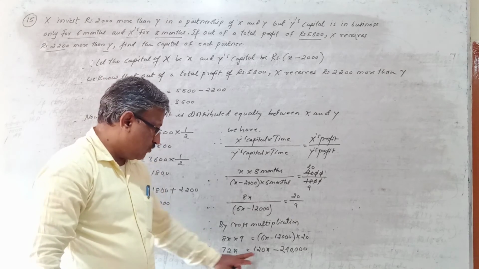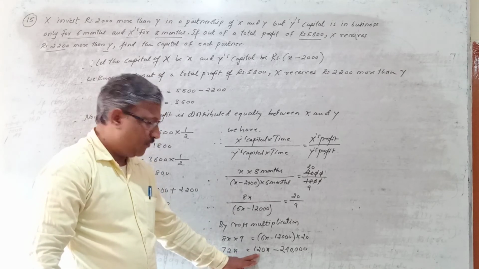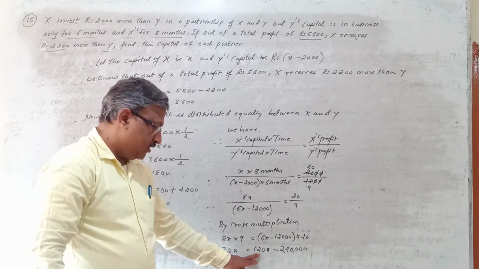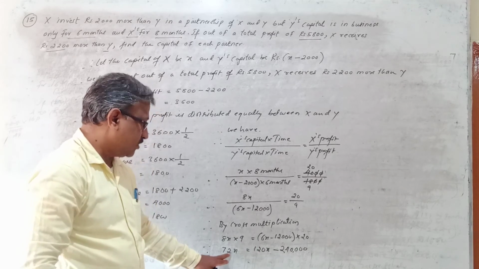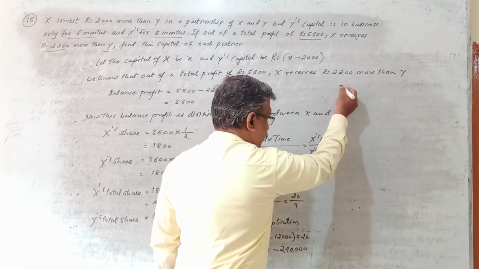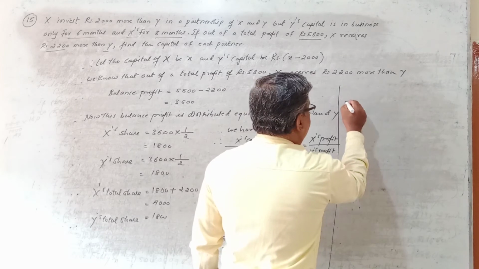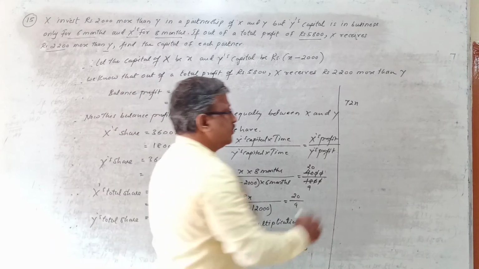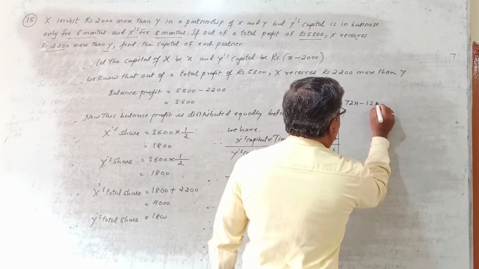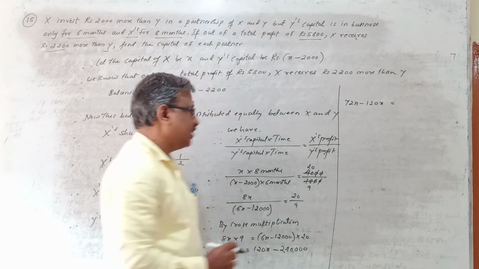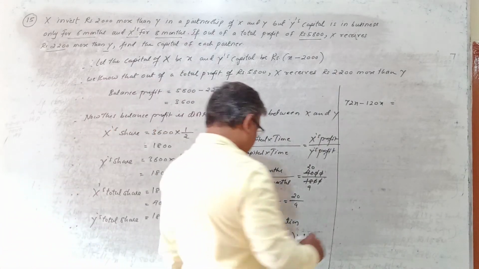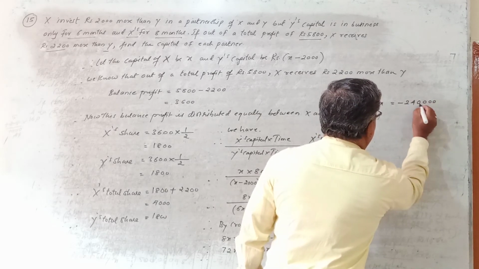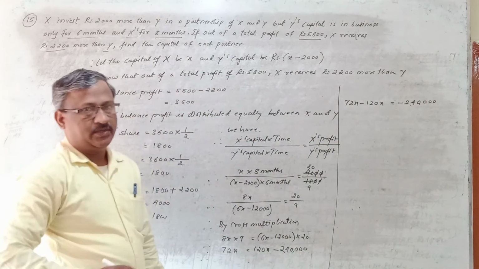Now here x is there, here also x is there. So to solve for x, you transfer 120x to this side. This is plus, so it becomes minus. So 72x you keep here only, bring this to this side, it becomes minus 120x. 72x minus 120x equals minus 2,40,000, you keep as it is.